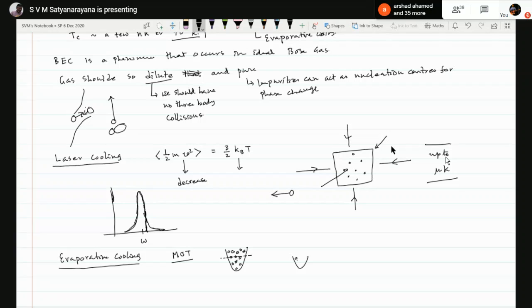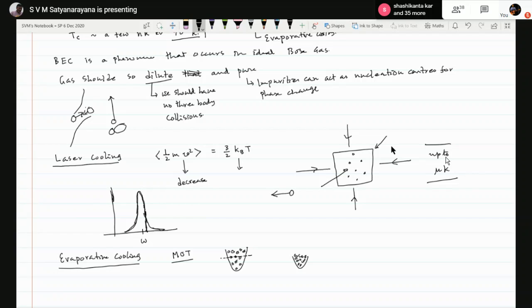So what remains in this potential well is some low velocity particles. People were able to combine these two in an innovative way, and then go down to nanokelvin temperature.